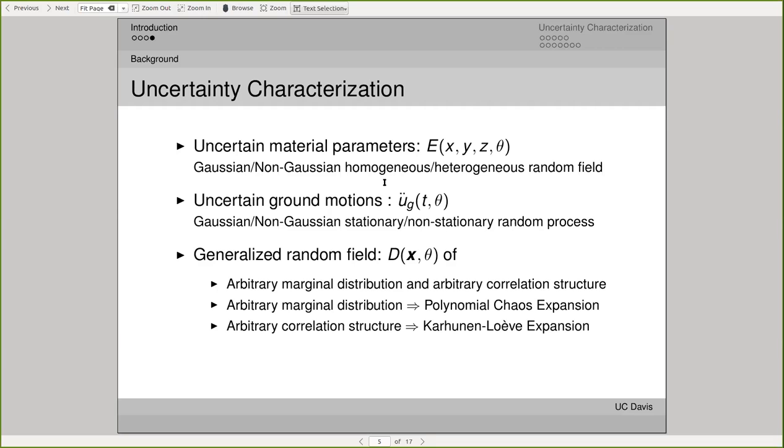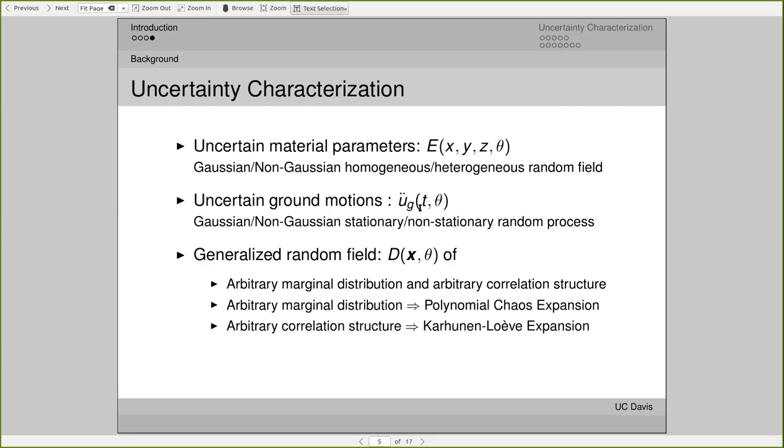For the uncertain ground motion part, it's a random variable at each individual time, and it can be either Gaussian or non-Gaussian distributed. For most ground motions, it's a Gaussian process, but for some special cases, it can also be non-Gaussian. And these random variables at different time steps can either be stationary correlated or non-stationary correlated.